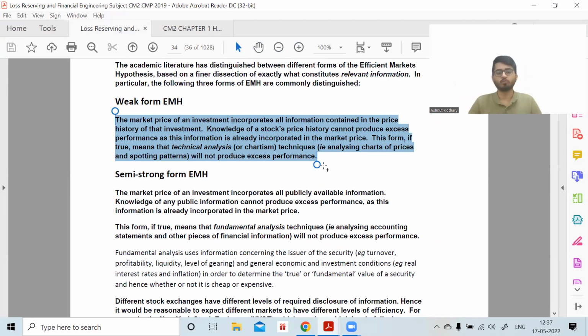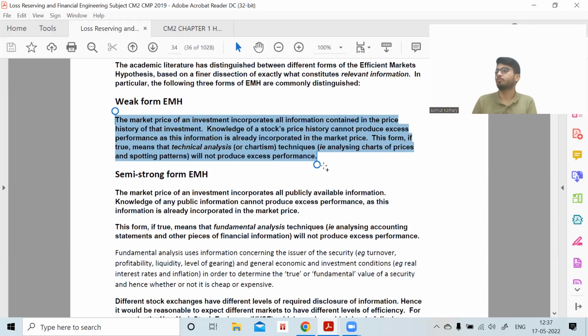This form, if true, means that technical analysis techniques will not produce excess performance. So the statement is, if a particular market is weak form efficient, then using technical analysis, you cannot generate higher risk adjusted returns. Note that you can generate higher returns, but this will be only if you take higher systematic risks. So is this thing clear?